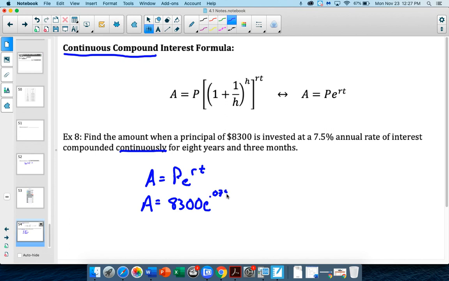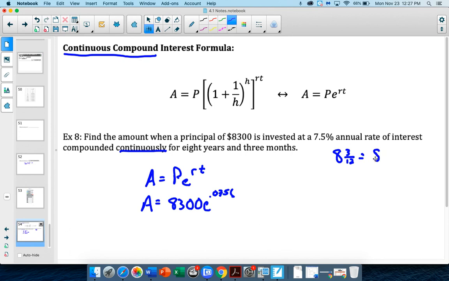Times time, and time is in years. But here I'm told we want 8 years and 3 months. I want to somehow write 8 years and 3 months as a decimal. So 3 months would be 3 out of 12, 3/12ths of a year. 3/12ths as a decimal would be 0.25.